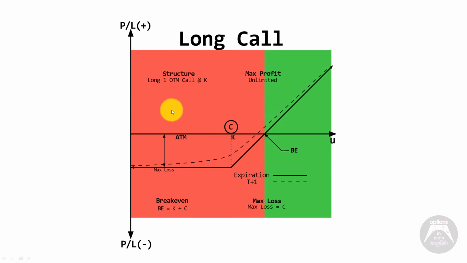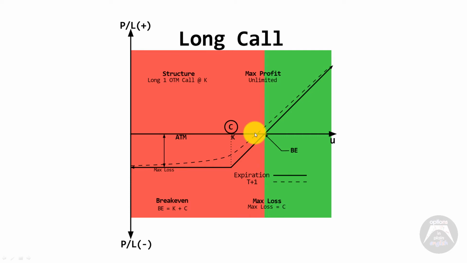Left for lower prices and right for higher prices. So this is basically how to analyze this. This is the same thing that we saw in the explanation that we had in the first video. And we can see that it's a very easy, very graphical, very visual way to analyze a strategy.